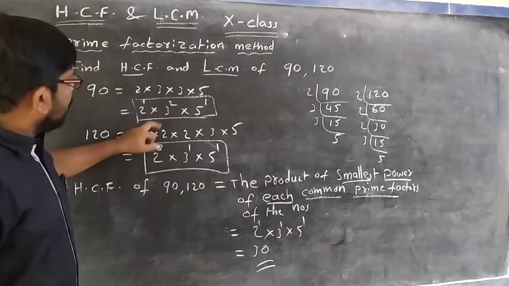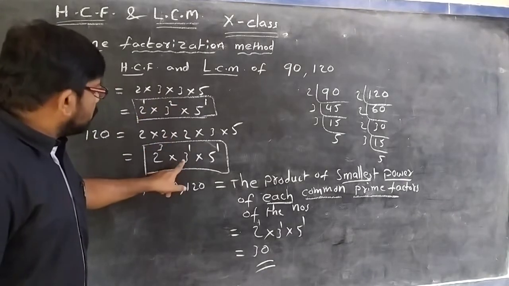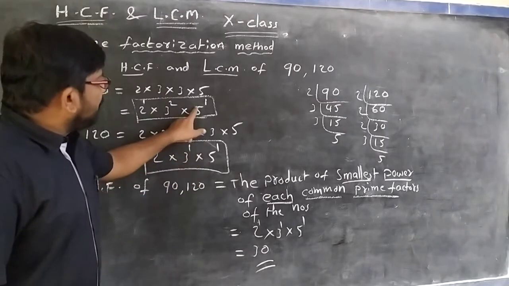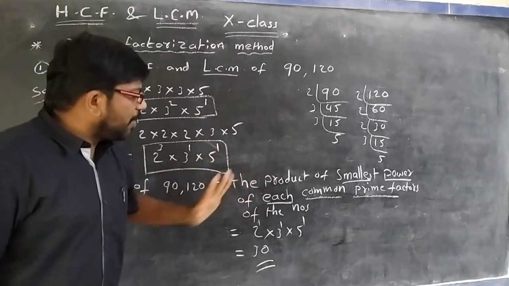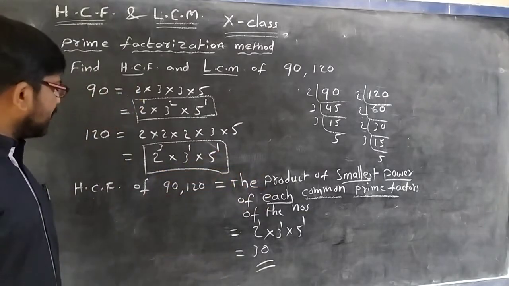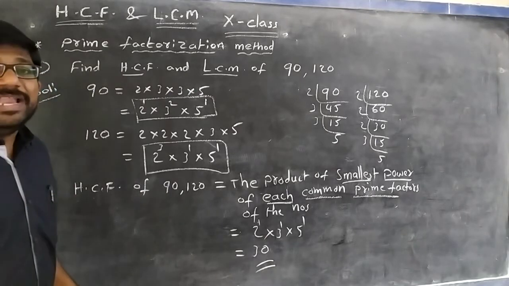Next, 3 is common, in 3 square and 3 power 1, so the smallest power is 3 power 1. And 5 is common, and both powers are the same, so we take 5 power 1. So 30 is the HCF.